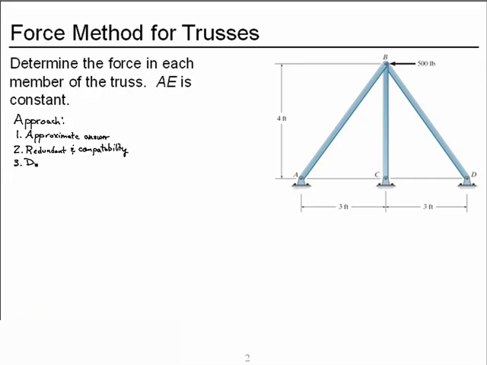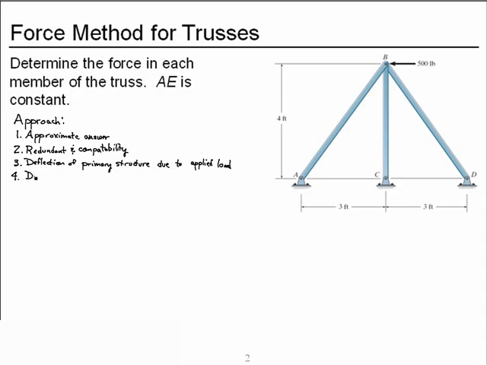We'll then need to predict deflection of the truss. In this case, we'll call it the primary structure, and so it'll be a truss that is determinate. We will release the redundant, or redundants, due to the applied load, which is 500 pounds in this case.